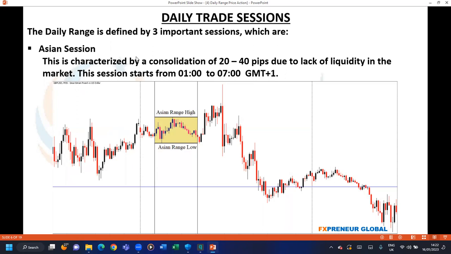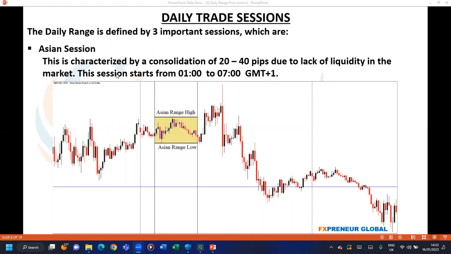The Asian session is characterized by consolidation of 20 to 40 pips due to lack of liquidity in the market. This session starts from 0100 to 0700 GMT plus 1. This is everything that happens between the Sydney and the Tokyo session. The market at this time experiences lack of liquidity.